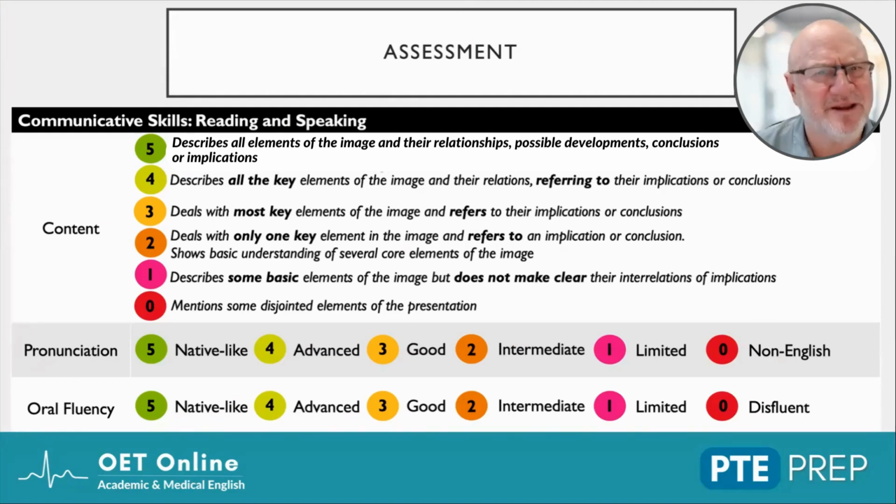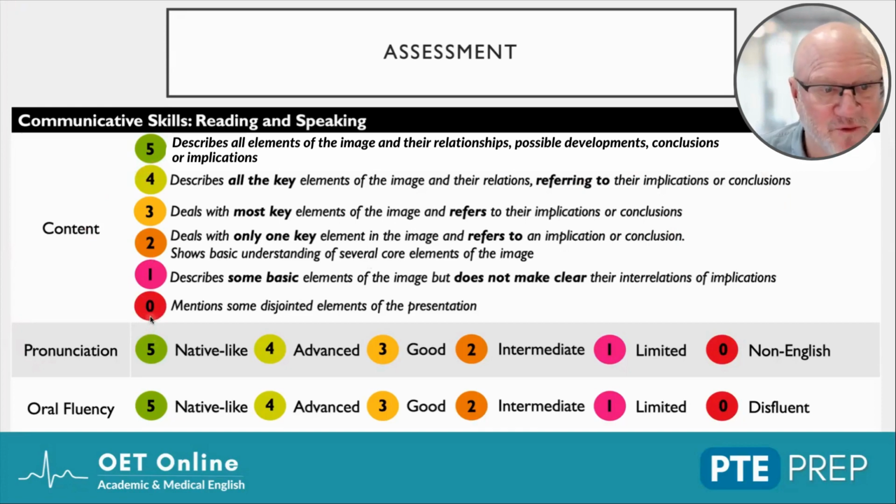But that doesn't mean every minute detail of the image. It just means the overall trends, the key features. Talk about relationships, possible developments, increases or decreases, and a simple concluding statement of what it may or may not mean. That's how you get top marks.